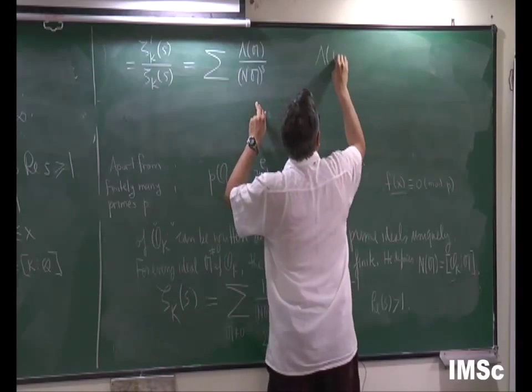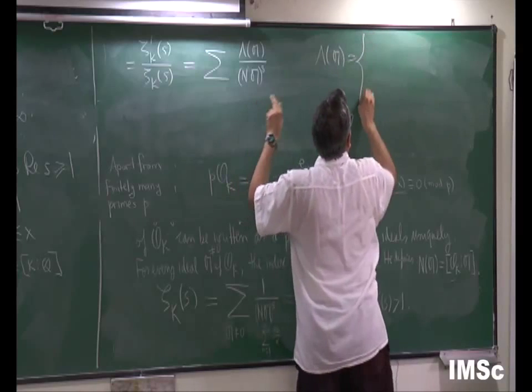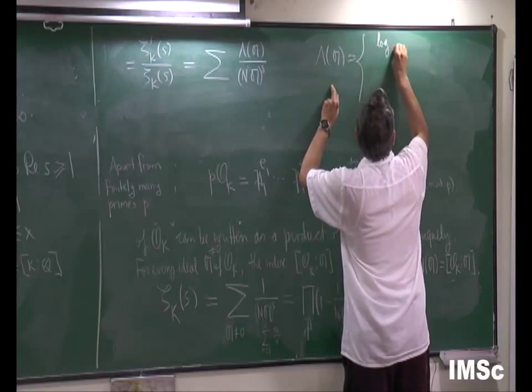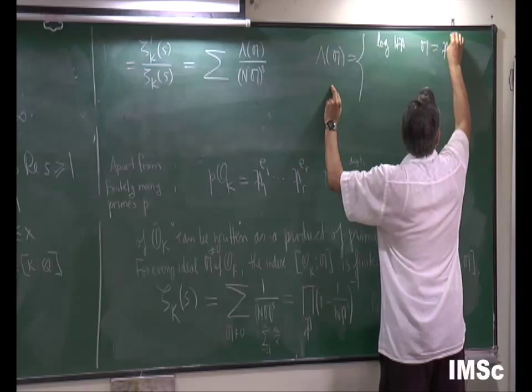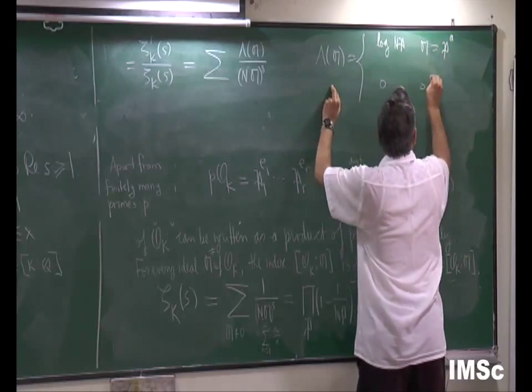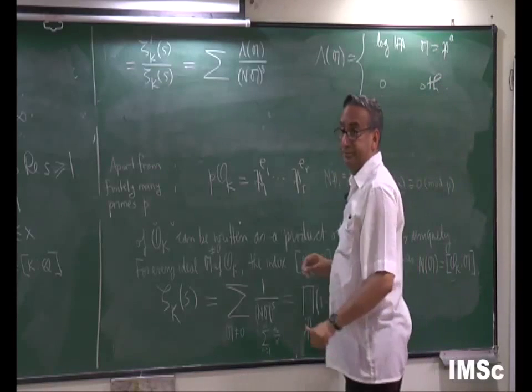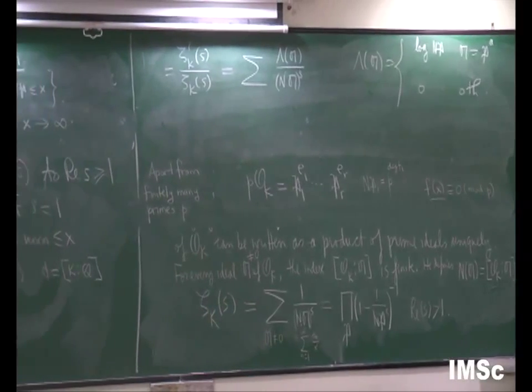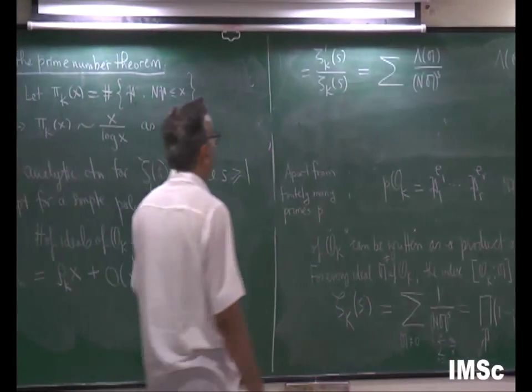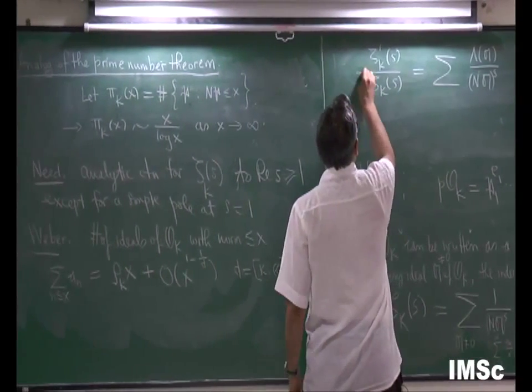The von Mangoldt function is going to be equal to log of the norm of p if a is a power of a prime ideal and 0 otherwise. Usual extension of the von Mangoldt function, okay? Oops, there's a minus sign here.